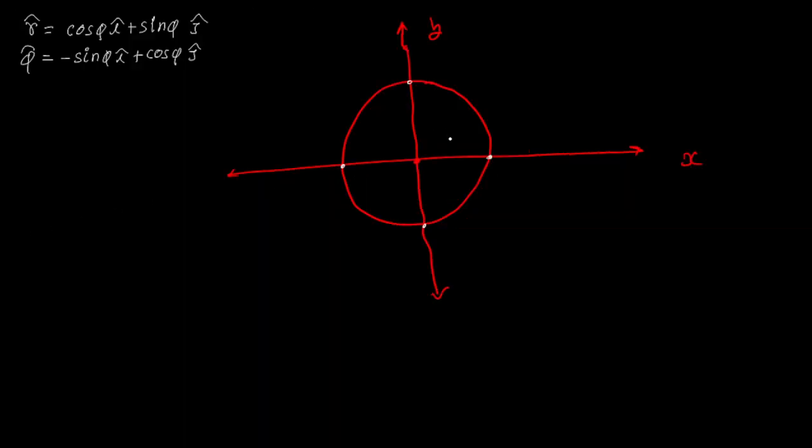So if we consider this point and join it with the origin, it will be parallel to the x-axis. So for this point, phi will be 0. For this point, phi will be 90 degrees, since joining this point with the origin, it is parallel to the y-axis, so the angle between r and the positive x-axis is 90 degrees.